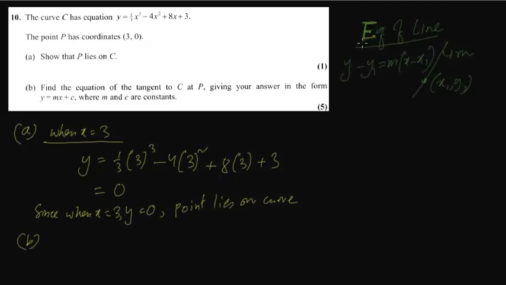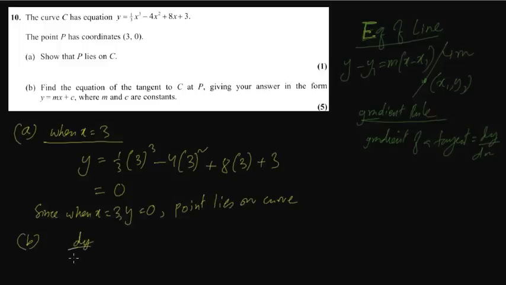So remember, whenever you have the equation of a line, it's going to be like this, and the gradient rule is: gradient of a tangent equals dy by dx, and dy by dx of course is the gradient of a curve.